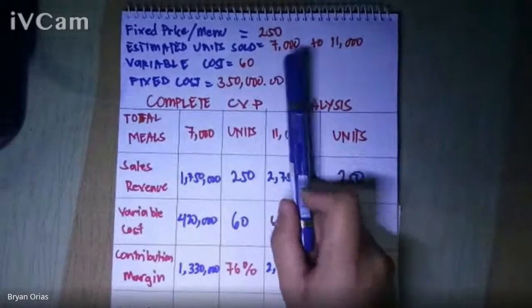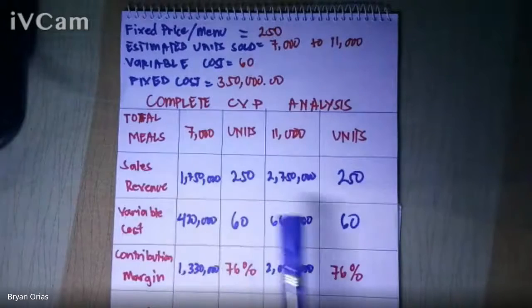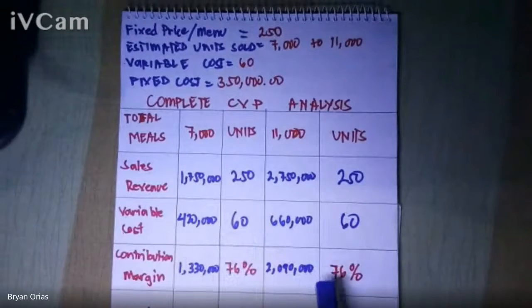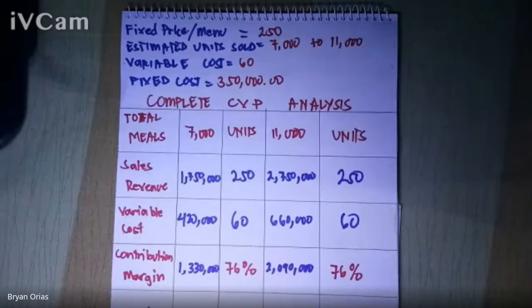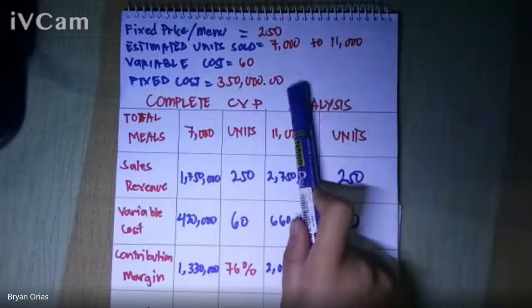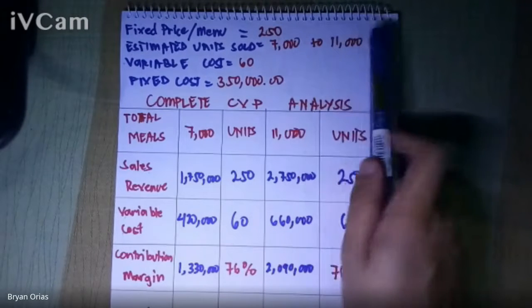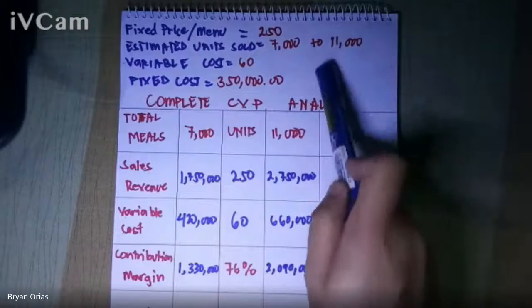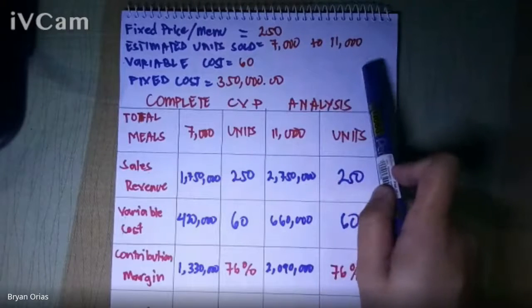We are computing for two different CVP, because we are estimating kung magkano yung possible na profit between the units sold, the minimum and the maximum profit of the restaurant.